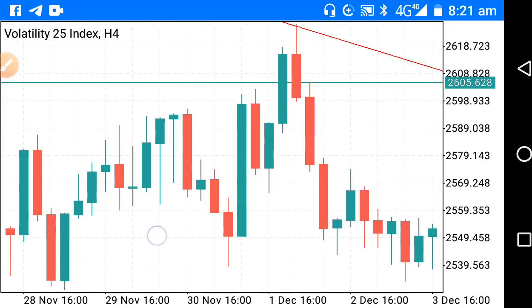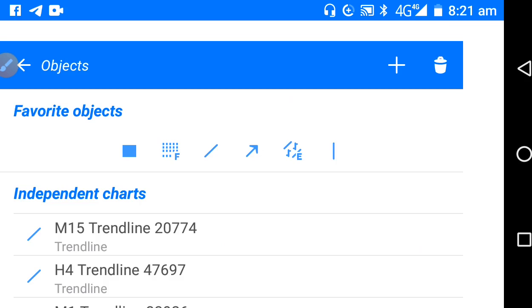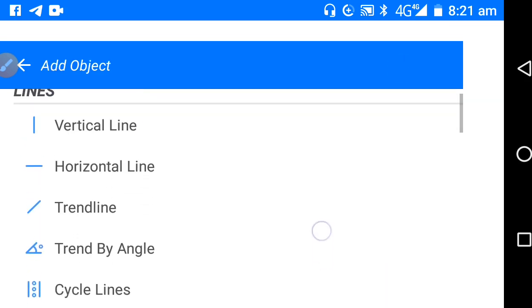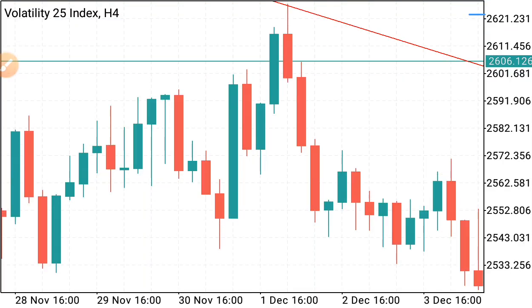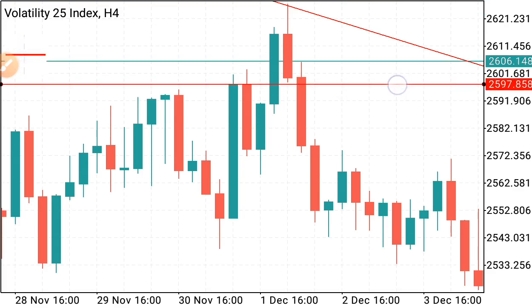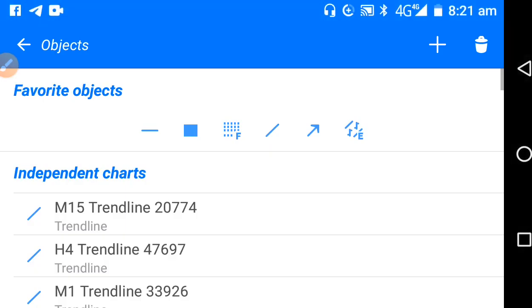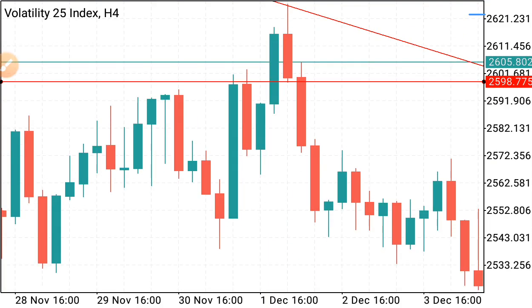This is what I mean. If I take a horizontal line and I place it at the tip of that shooting star, that will be my entry. Then if I take another line, I place it at the tip of that shooting star, the topmost.